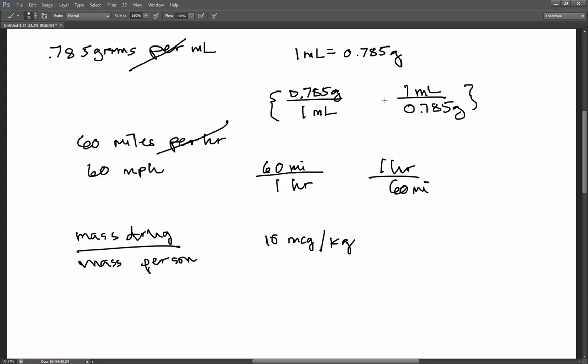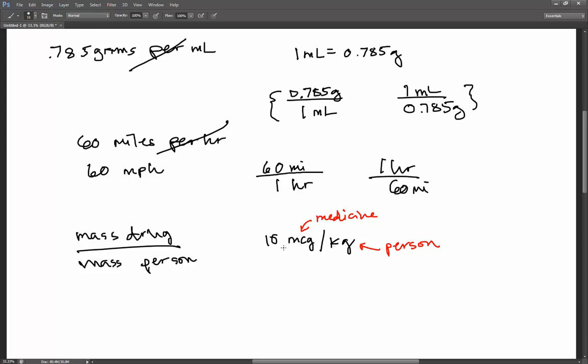And they don't say, even though I will always encourage you guys in this class to say, oh, that is referring to whatever the medicine is, 10 micrograms of medicine per kilogram of person, because otherwise you're going to get confused and try to cancel out grams or something here. But it is standard protocol to not have to specify that.